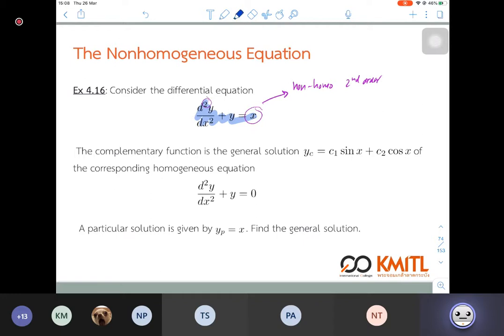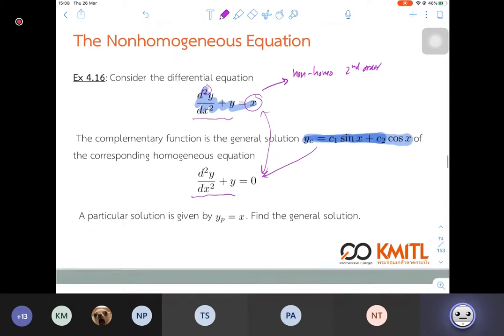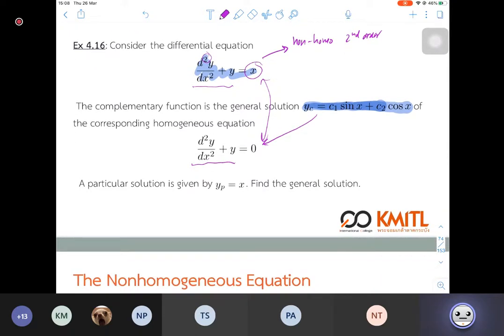And you are given the complementary function of this non-homogeneous differential equation, which is a solution of the corresponding homogeneous. And again, the left-hand side is the same, but the right-hand side for the corresponding homogeneous is 0. Okay, so the particular solution is given by yp equal to x. How do you find the general solution?